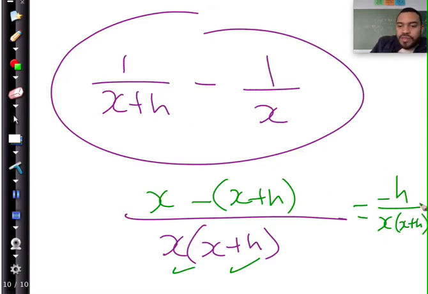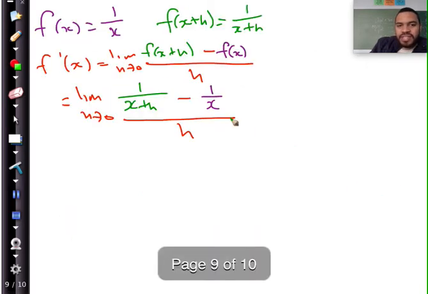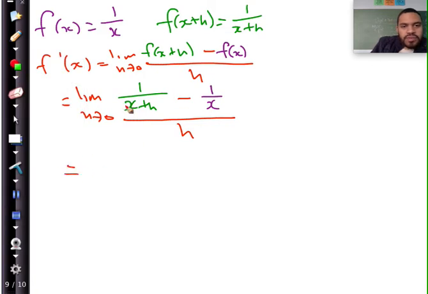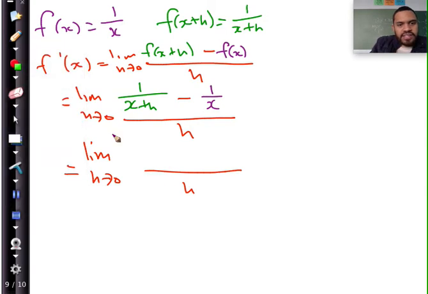So now I'm going to use this result. As you know, this whole thing is equivalent to this thing, so I'm just going to put it in there. Let's put it here: limit as h tends to 0, all over h. Now I'm going to have one fraction on top. Let me put it in violet.